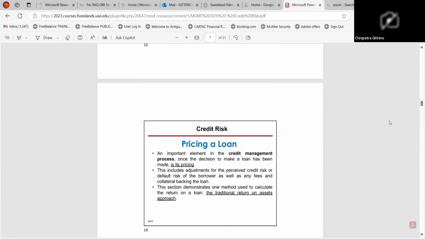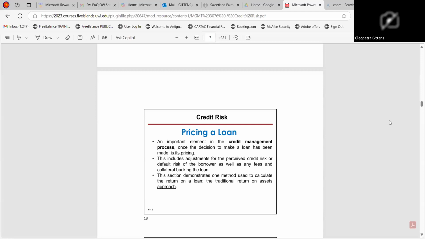So what goes into pricing a loan? Pricing the loan meaning how much interest is the bank going to charge? How much in fees is the bank going to charge? What goes into that? All right. So pricing a loan is one of the very important elements in the whole credit management process.